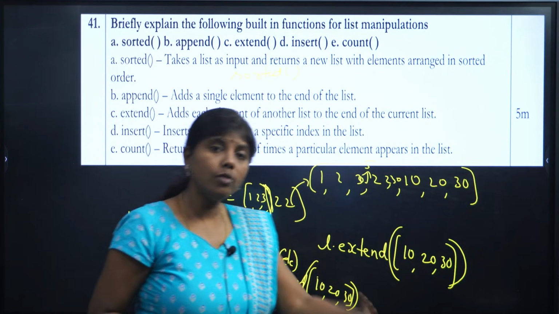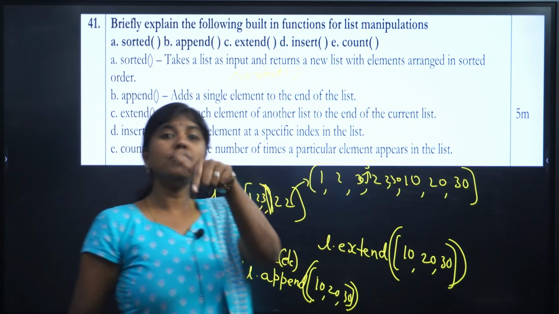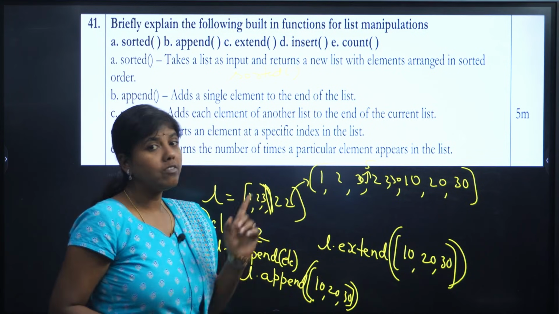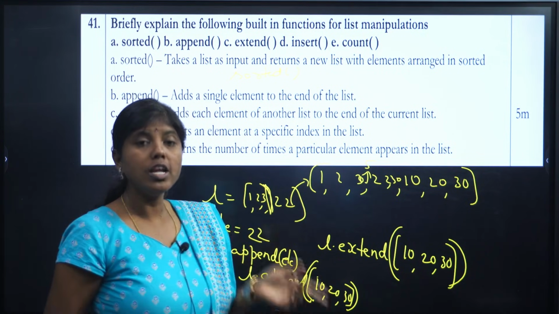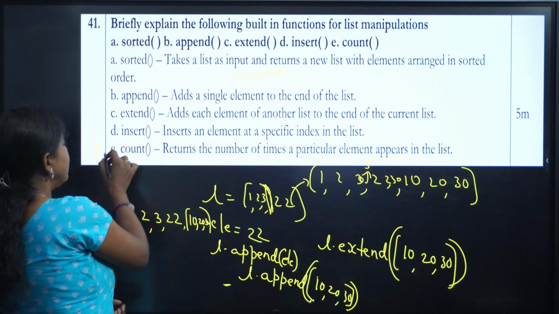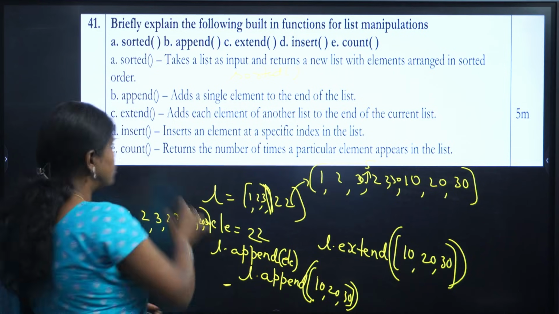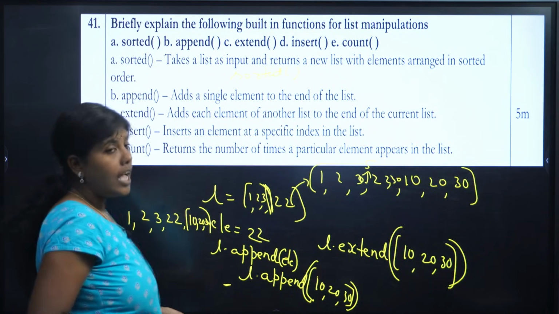If I check 1, it is present once. The number of times an element is present is given by the count function. How do you call it? Very simple: L dot count, L dot insert, L dot extend, L dot append.